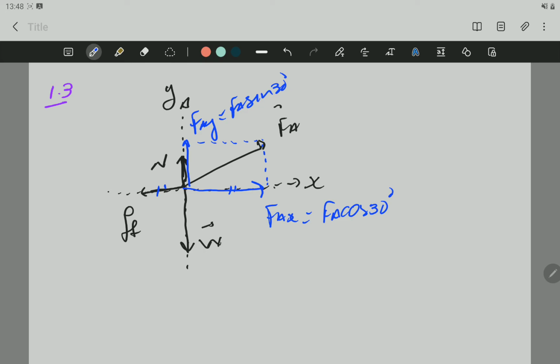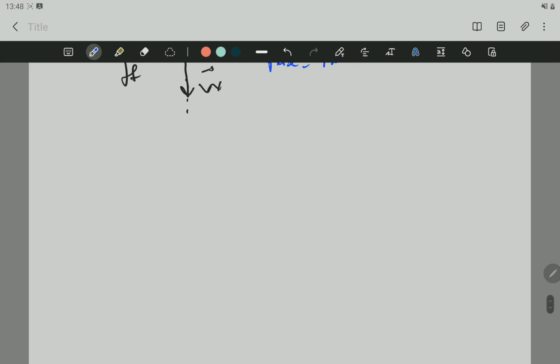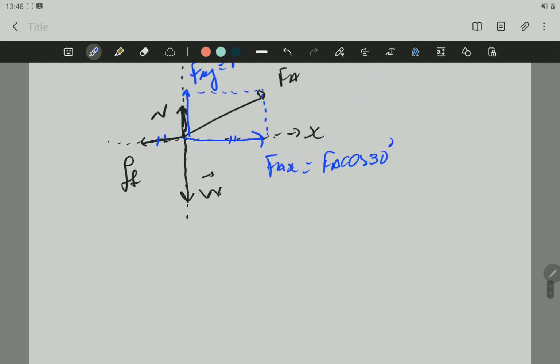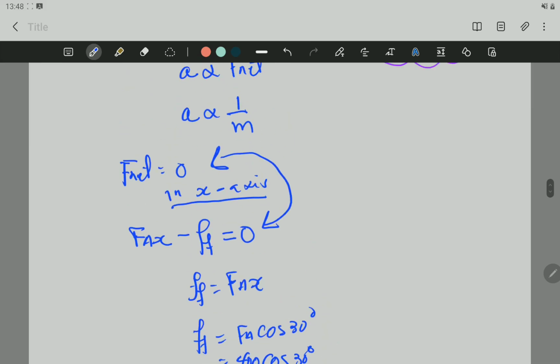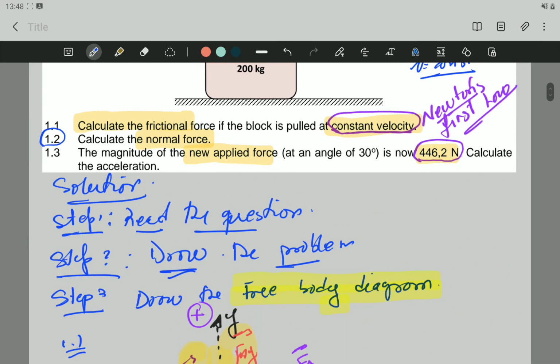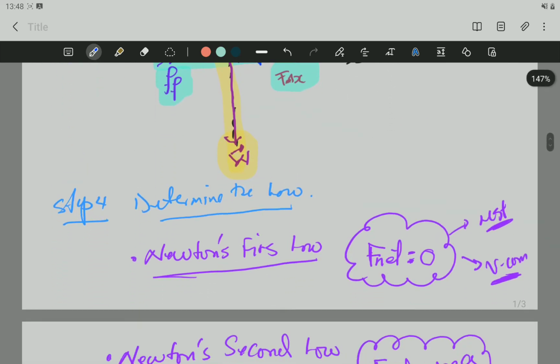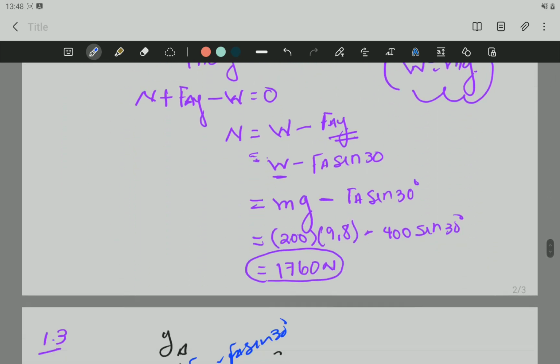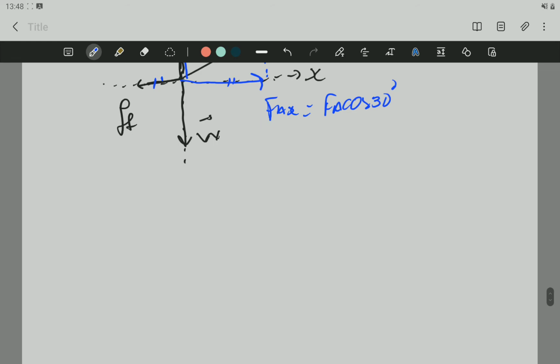Okay, but now, what law are we going to apply here? We're going to apply Newton's second law. Why Newton's second law? Because the object is no longer moving at constant velocity. We have to calculate the acceleration. So we are going to apply Newton's second law. Newton's second law states that F net is equal to the product of mass and acceleration.